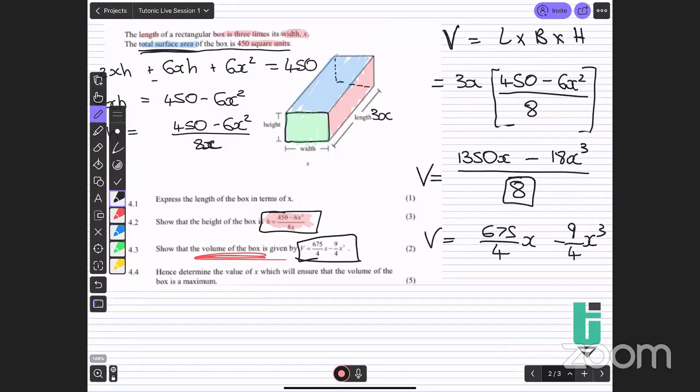Now it says determine the value of x that will give you a maximum. What are we thinking? The derivative is equal to 0. Right.